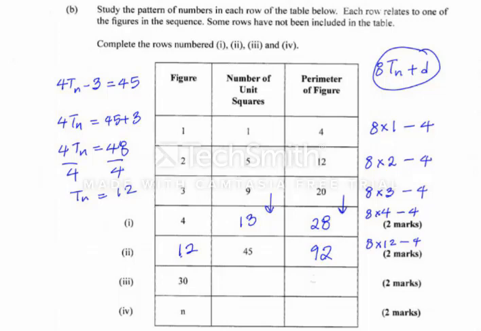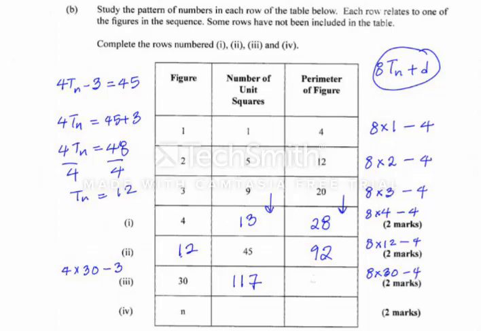All right. In the middle, this is going to be 4 times 30 minus 3. So that's 120 minus 3. 120 minus 3 is 117. That's in the middle. And over on the right, it's going to be 8 times 30 minus 4.